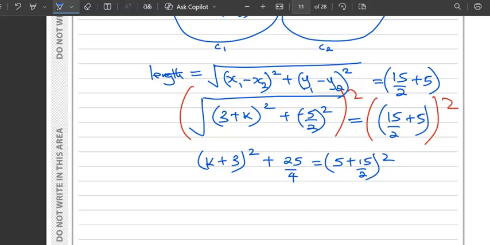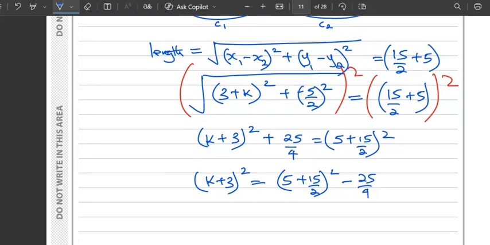Taking 25 over 4 to the other side of the equal sign, we'll have k plus 3 squared equals 5 plus 15 over 2 squared minus 25 over 4.